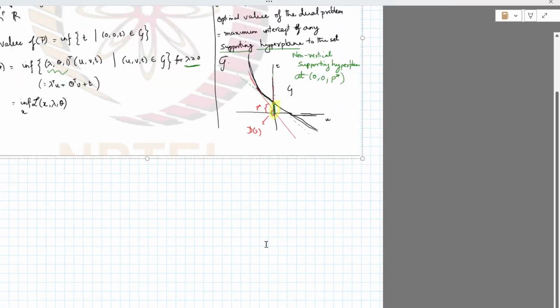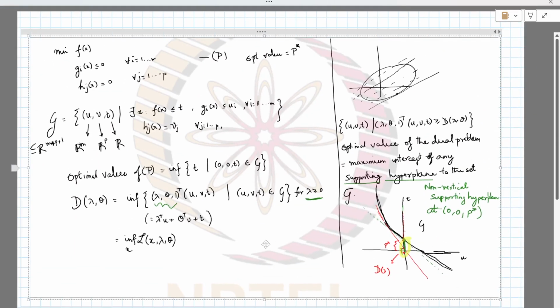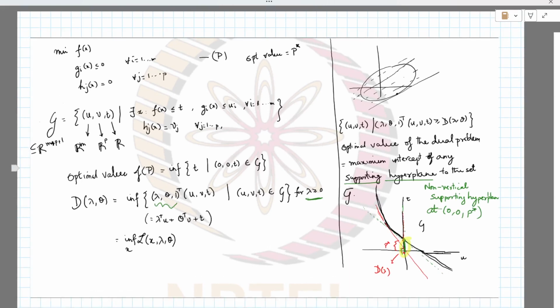So in this, the set is defined in this manner, and you can define the optimal value of the primal using the set, and the dual also using this set.